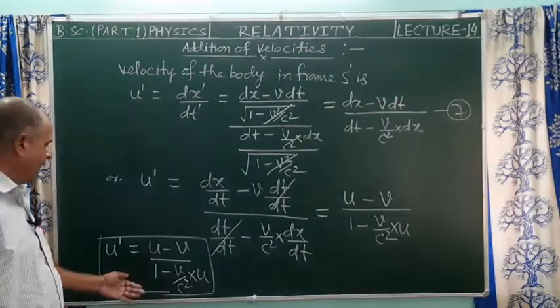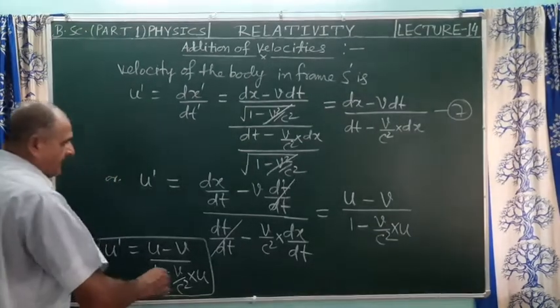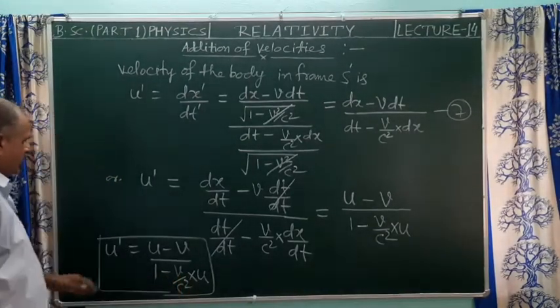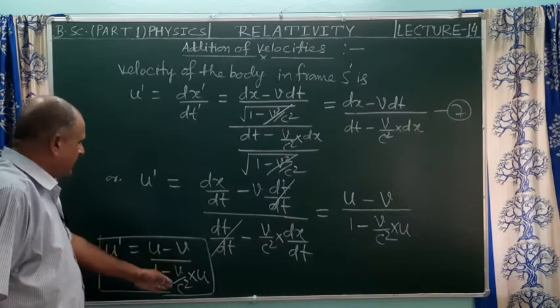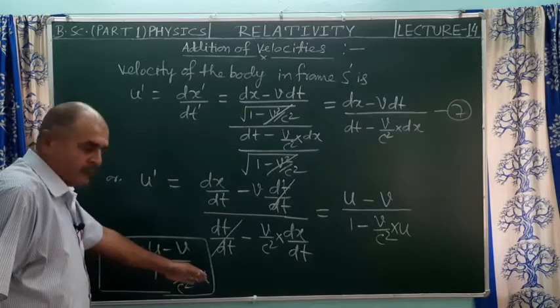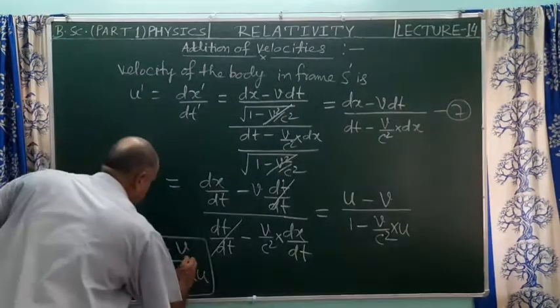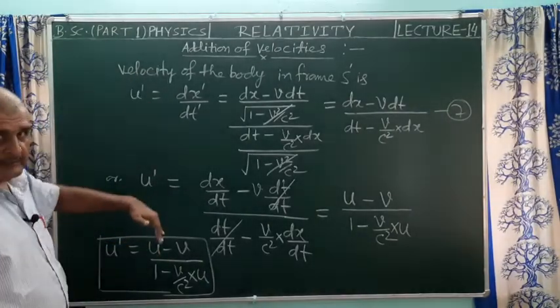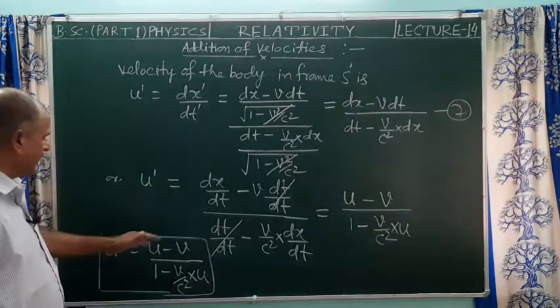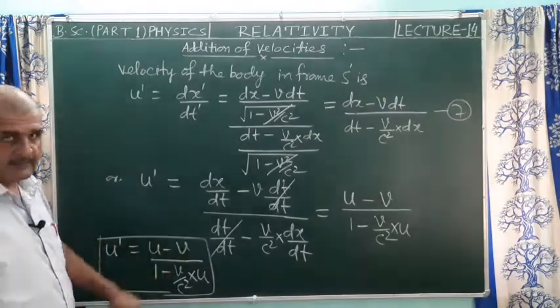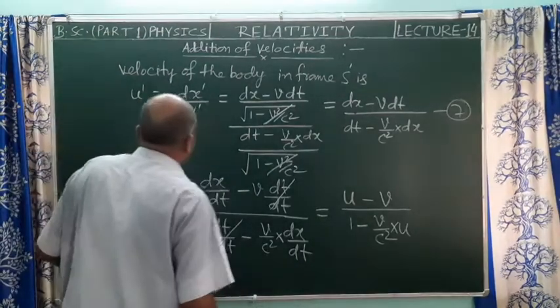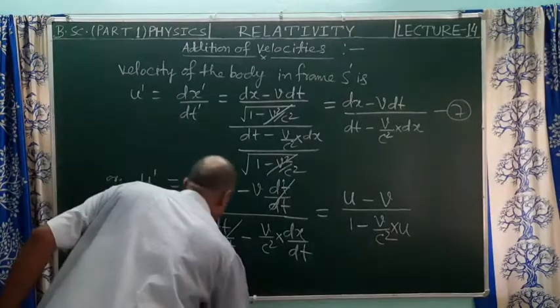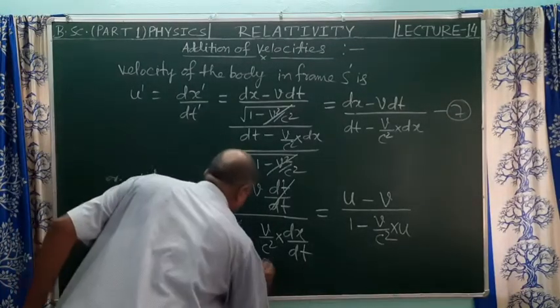But in this formula, the term containing 1 minus v by c square into u is also introduced. डिनोमिनेटर का टर्म इसमें इंट्रोड्यूस हो गया रिलेटिविस्टिक फार्मूला फॉर एडिशन ऑफ वेलोसिटीज में, जबकि क्लासिकल मैकेनिक्स से u dash इक्वल टू u minus v. This is the relativistic formula for addition of velocities, and this is equation number 8.